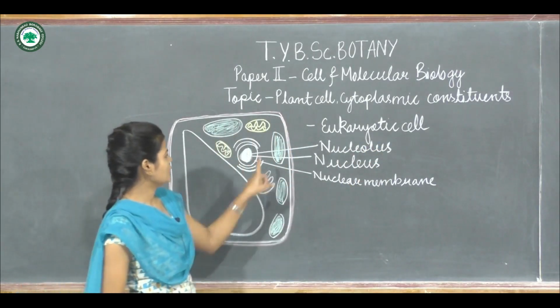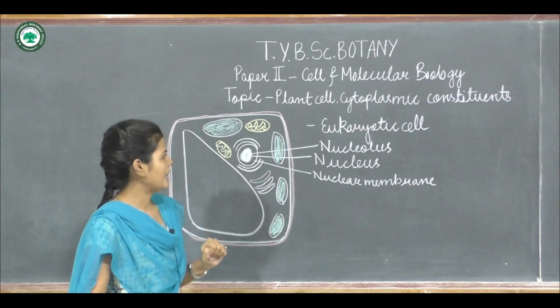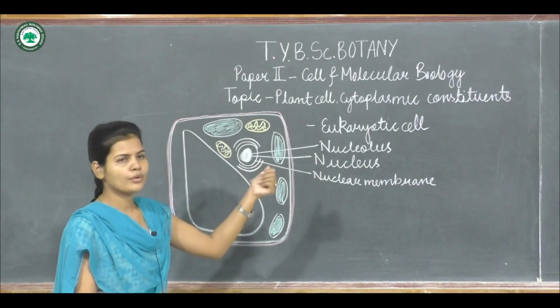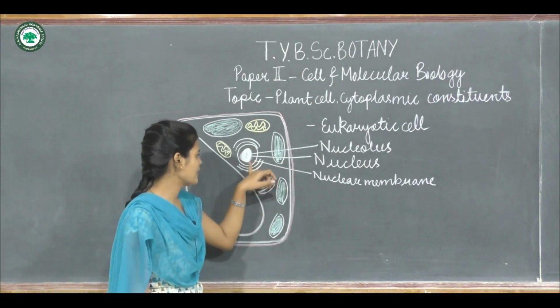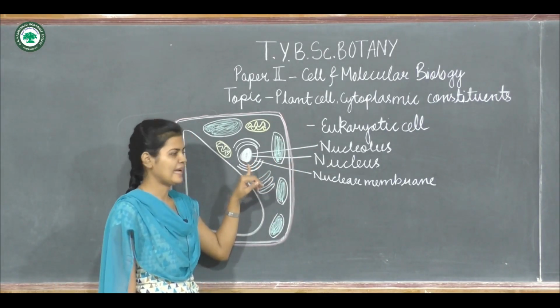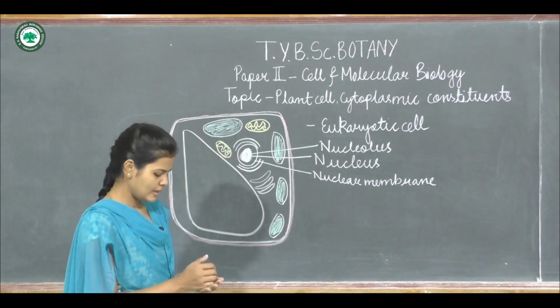The most important feature of a eukaryotic cell is that it has a presence of true nucleus. In case of the prokaryotic cell, true nucleus is absent, but in eukaryotic cell, true nucleus is present and it has a nuclear membrane or nuclear envelope.